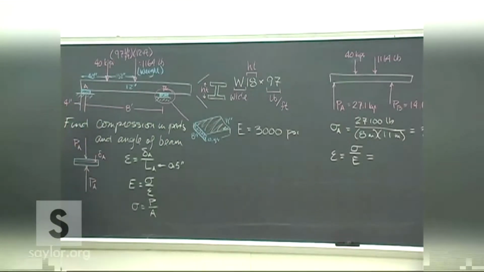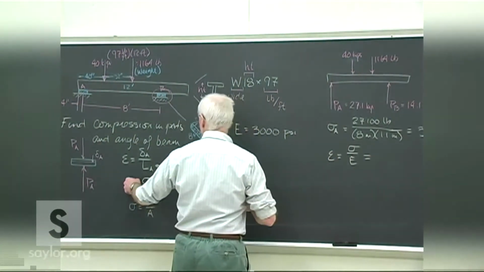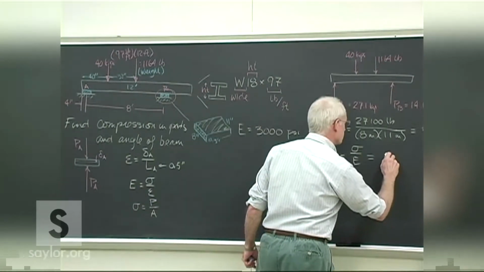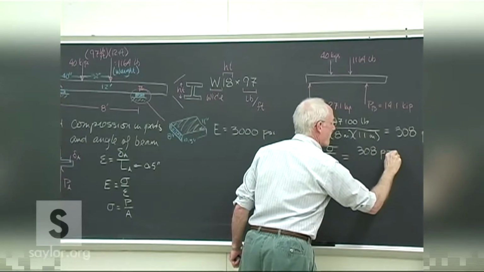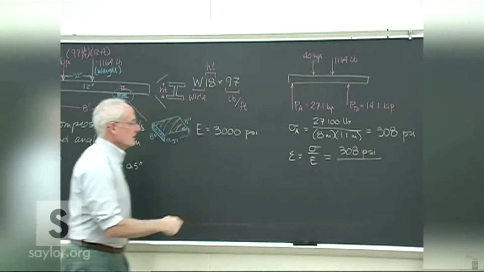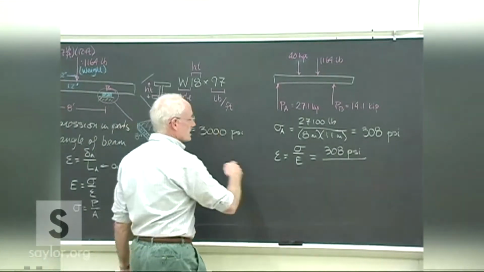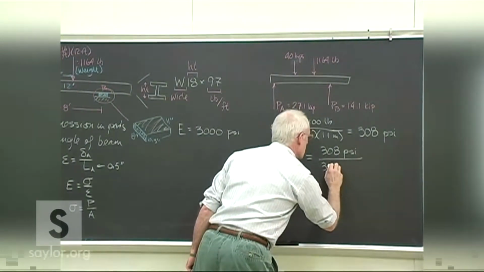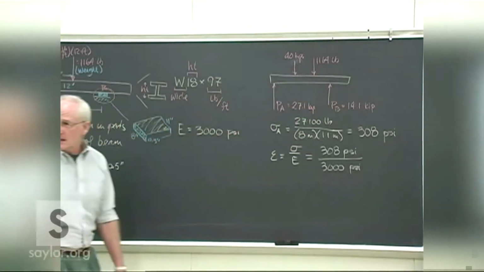So now we have the stress, we divide by the modulus of elasticity. That'll give us the strain, and then we can get the deformation. So the stress we know to be 308 psi, modulus of elasticity 3,000 psi.